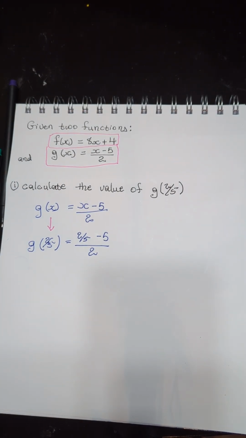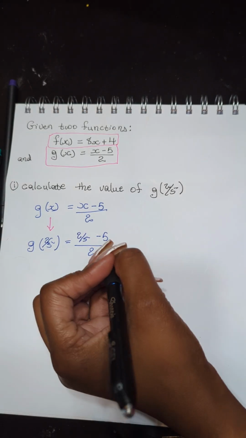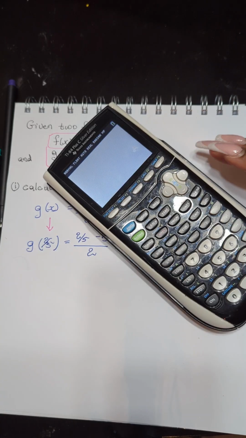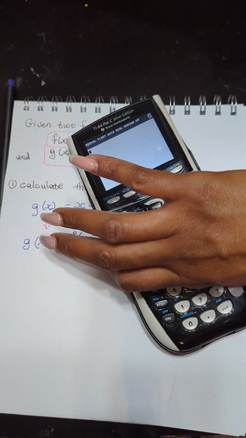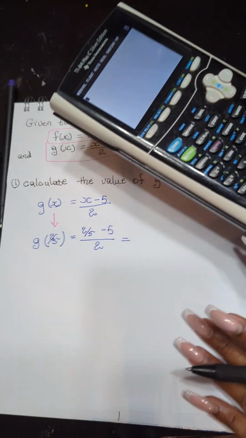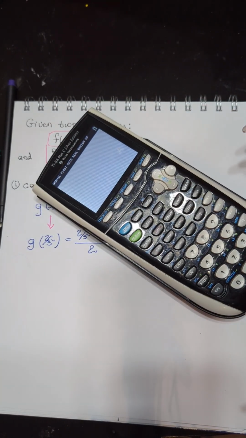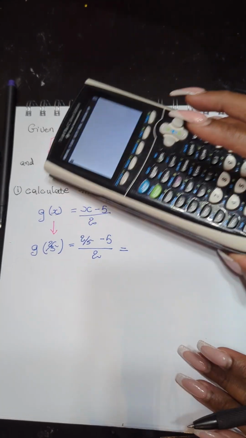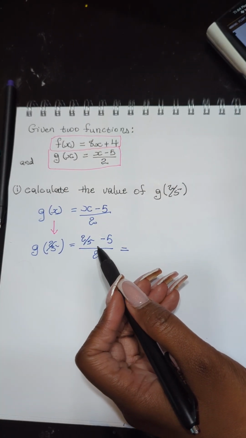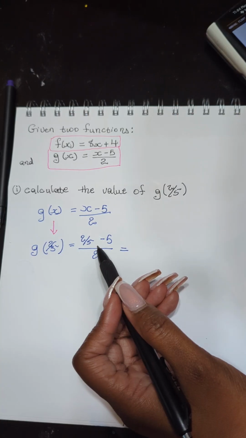Now, I'm sure you're thinking, oh boy, fractions again. All right, let's make this simple, because you're going to have a calculator in the exam. So let's use a calculator. I'm sorry that I'll be using this fancy calculator. I can't find my regular one for some odd reason. So we're looking at 2/5, minus 5, that's at the top, divided by 2 at the bottom.